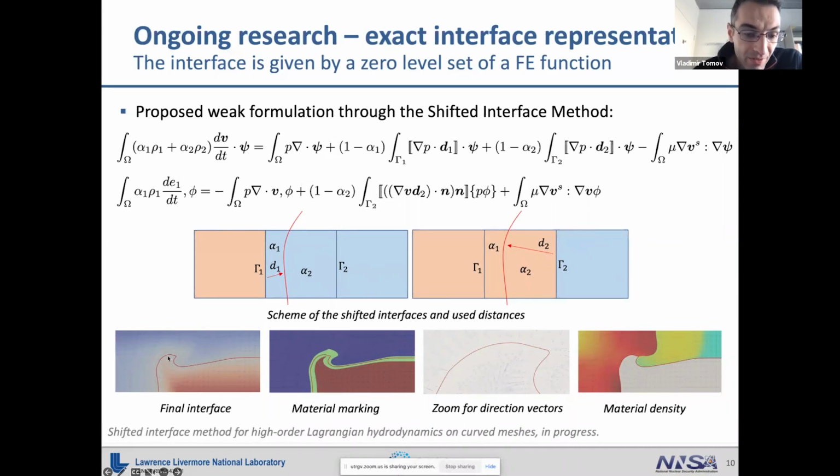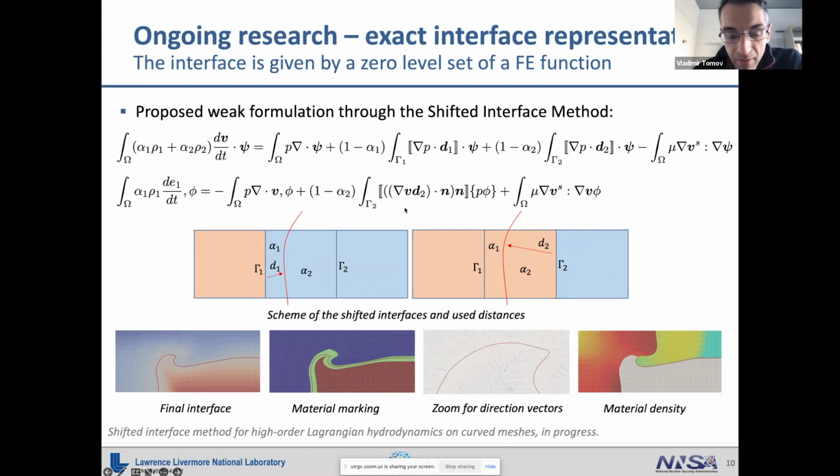Here are some results. This is the exact interface. You can see here, for example, we show the distances to the interface from the zones. There are things like marking which zones are mixed, where are the surrogate faces, and so on.